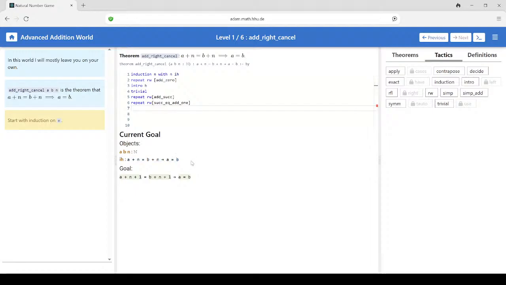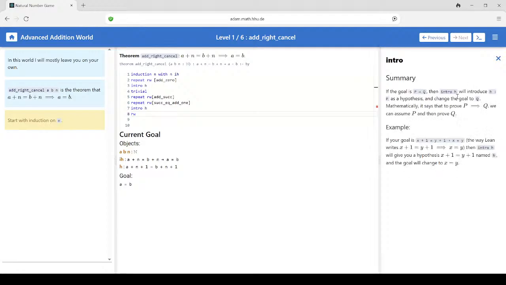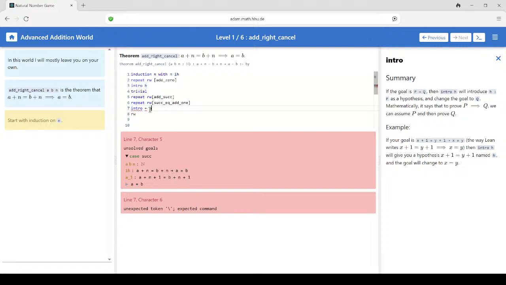Is there anything I can do to the hypothesis? That's not a thing you can do.